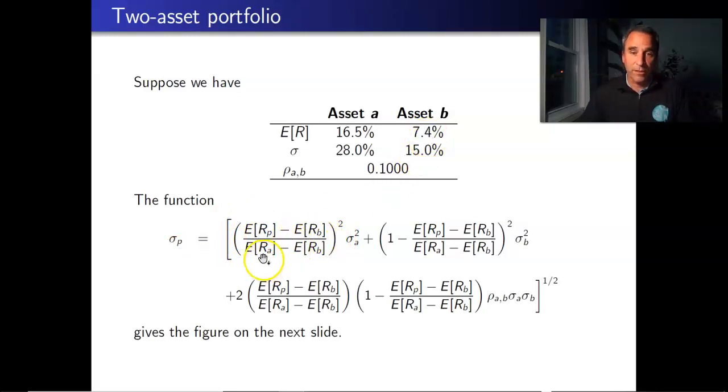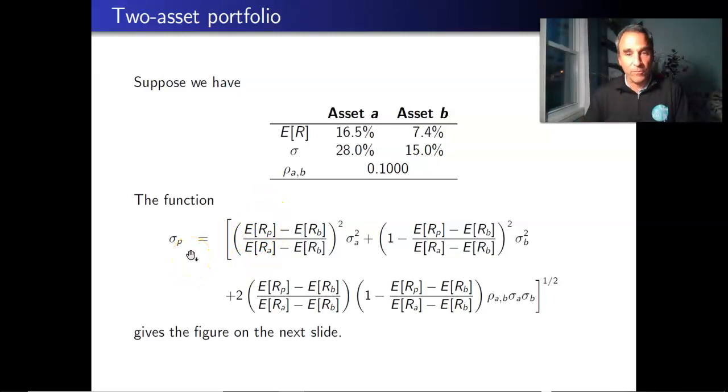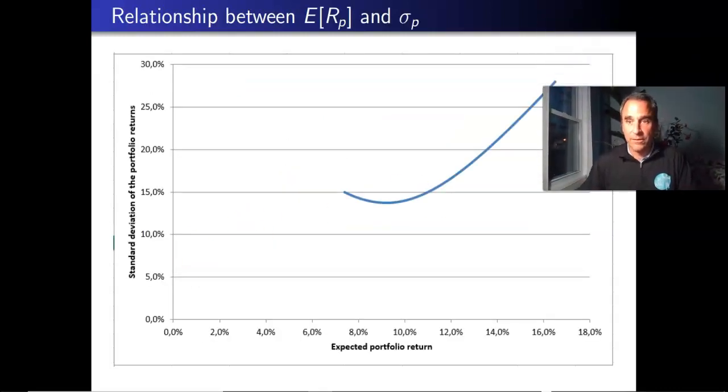Expected return of A is given, it's 16.5. Variance of A, we have it over here. Variance of B, we have it over here. So what can vary is the expected return of the portfolio, and this will give us standard deviation of the portfolio. So here's the equation.